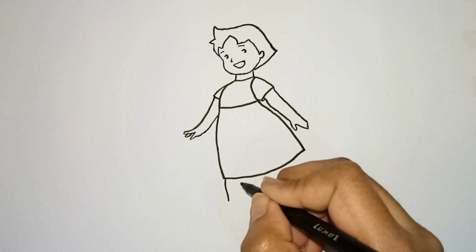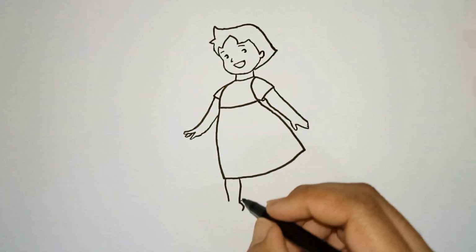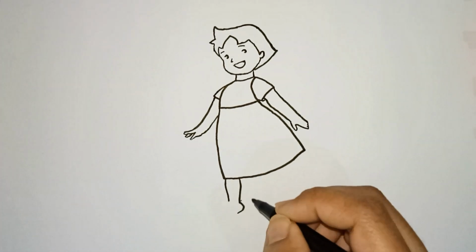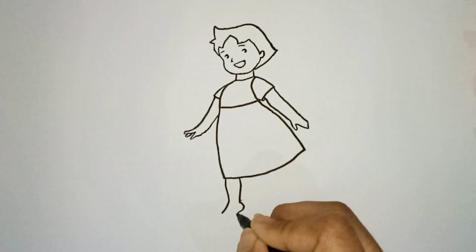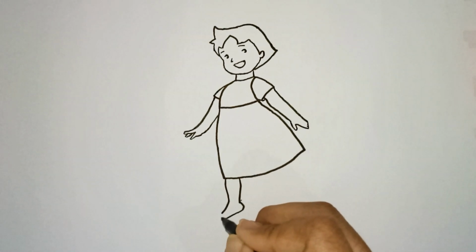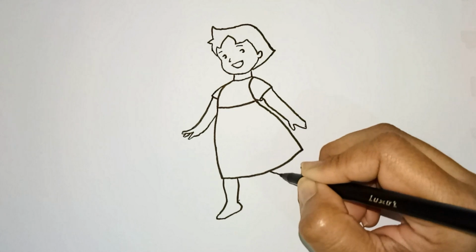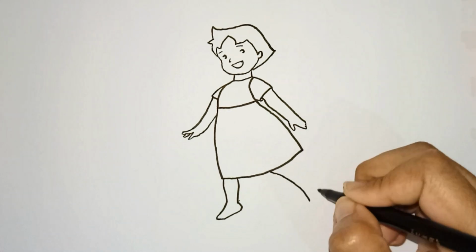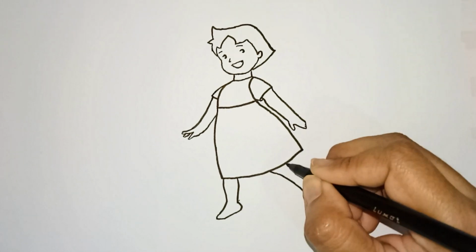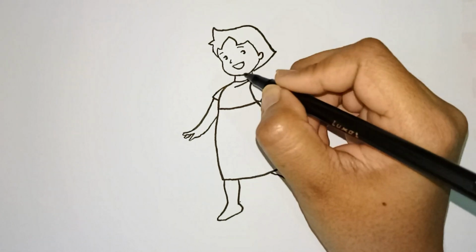Then we'll draw her legs. She's standing on one leg, so we'll draw one leg straight, which is resting on the ground, and another leg which is lifted up in the air.